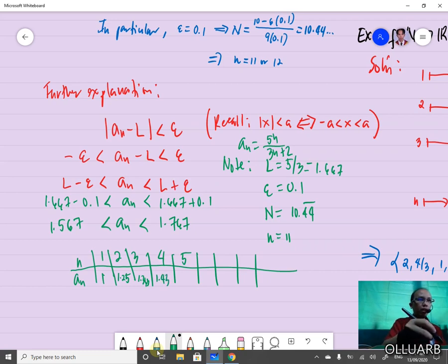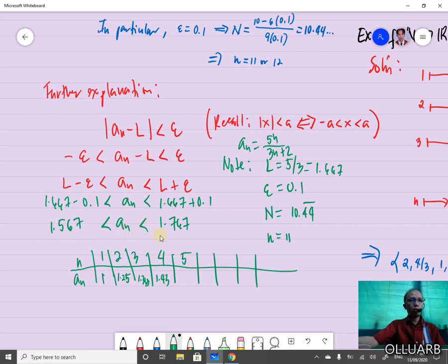As you have noticed, if your epsilon is 0.1 and your big N is 10.44, when n is equal to 1, 2, 3, the value of a sub n will not satisfy this inequality. We know that 1.567 is not less than 1.